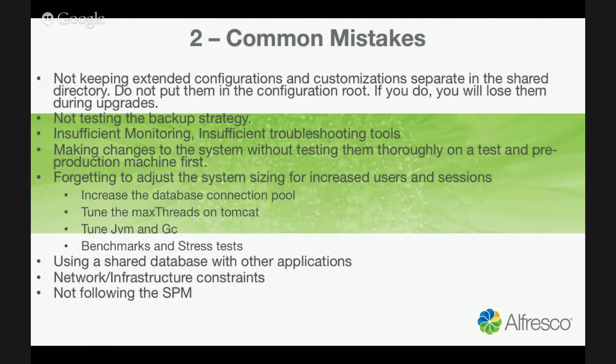So common mistakes. This is like chapter 2 of the presentation. These are some of the common mistakes I found when I was visiting or helping customers on site as part of my consulting practice. One of those is not keeping the extended configurations and customizations in a separate or controlled directory.